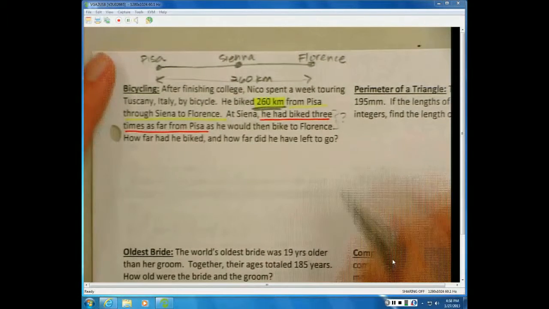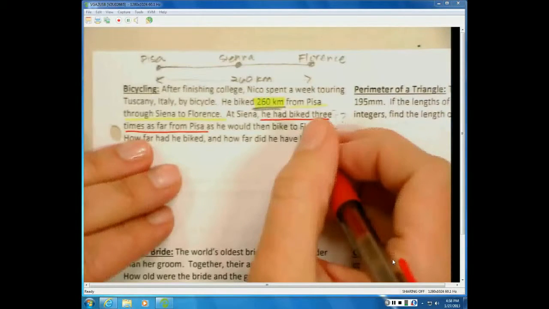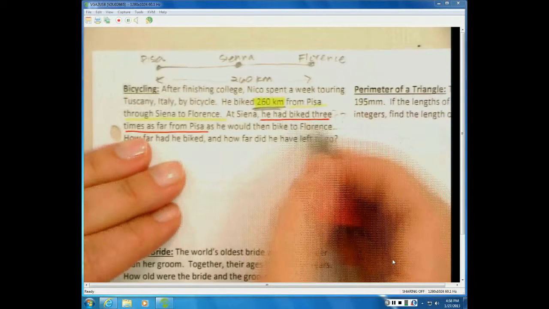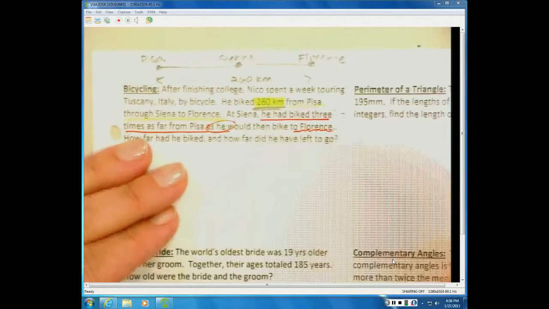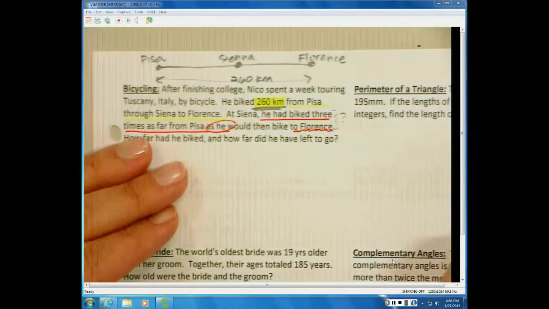The thing we have less information about is the Florence part, right? As he would bike to Florence. That's what I have less information about. So that's the thing I'm going to call X.